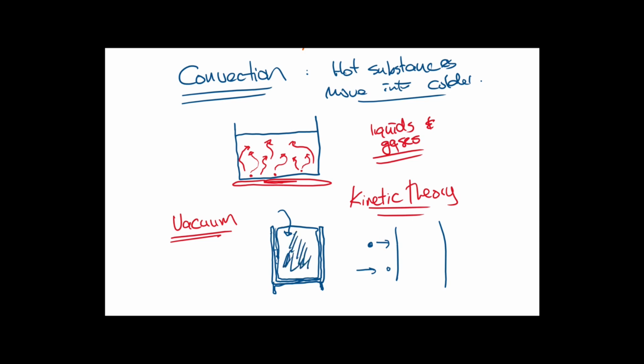Or if you have something cold in there that you want to keep cold, to stop heat from entering. The other reason as well is that we don't want the cup to get hot. We want the coffee to be hot, but we don't want your hands to get hot. So you can walk around with a hot coffee and not burn your hands.